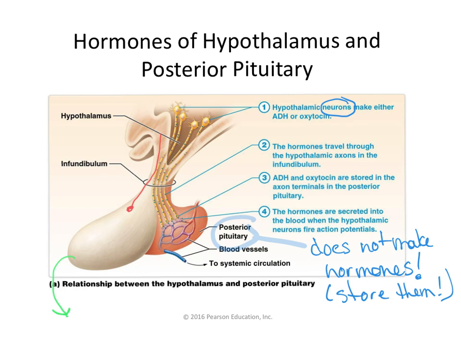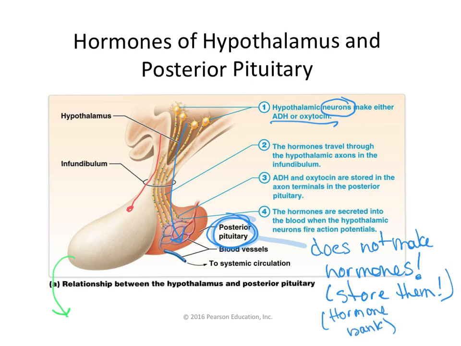In this case, hypothalamic neurons will make the hormones and send them down to the posterior pituitary for safekeeping. And then when those hormones are needed, they're released from the posterior pituitary. So it's kind of like a hormone bank. That's all it's doing.